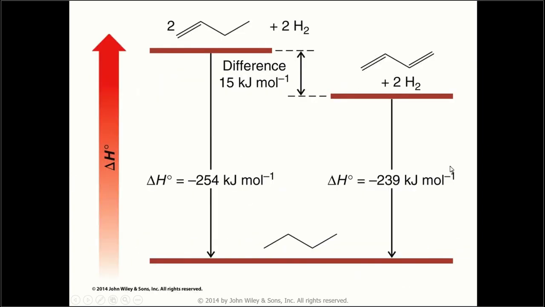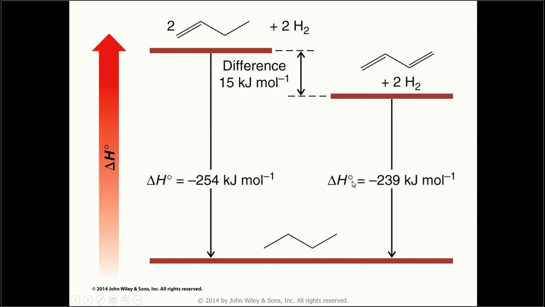So this is that information shown pictorially. If we take two molecules of 1-butene versus 1,3-butadiene, and we do the hydrogenation reaction, the two molecules of 1-butene give us butane, and we get 254 kilojoules per mole of energy. And if we look at hydrogenation of 1,3-butadiene, we use the same amount of hydrogen gas, we form butane.